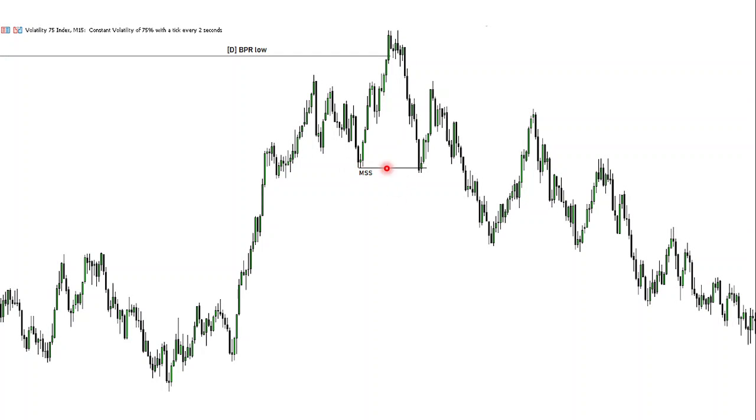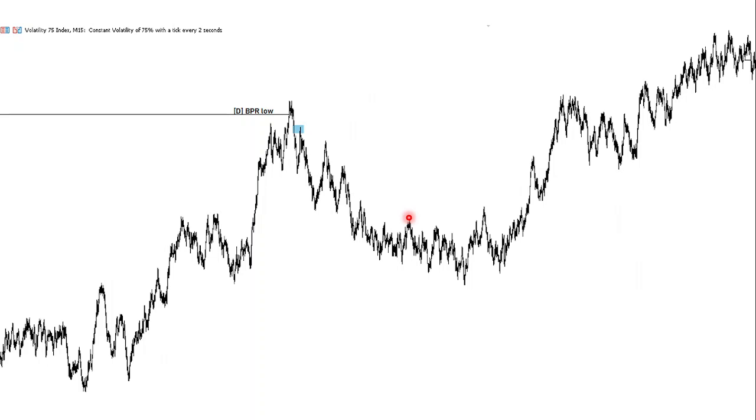When we close below the low here, that's where we have our shift in structure. The next step in the process is to measure that leg to find our premium, and in premium is where we'll find our entry. That is how that trade would have gone.